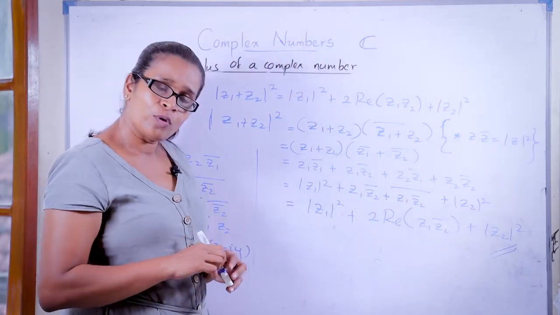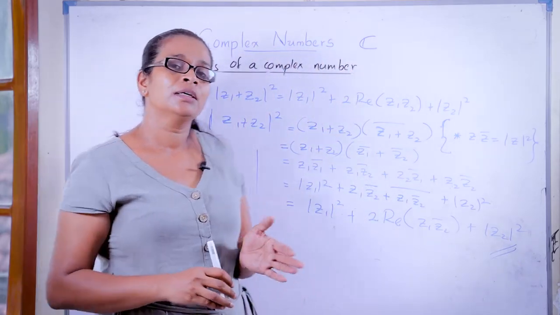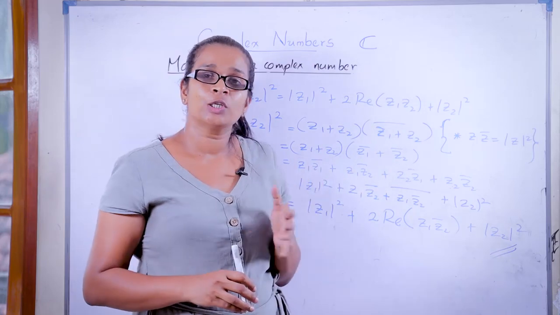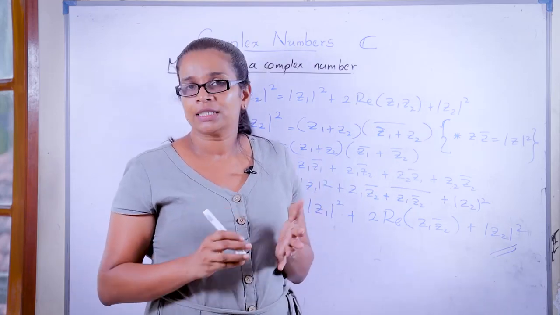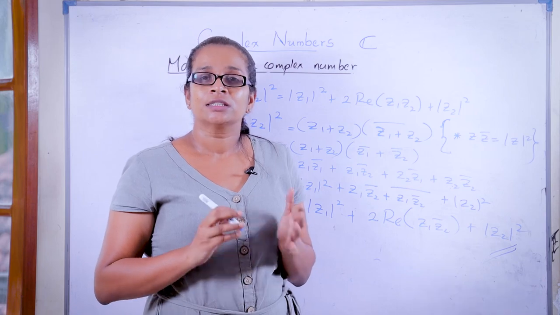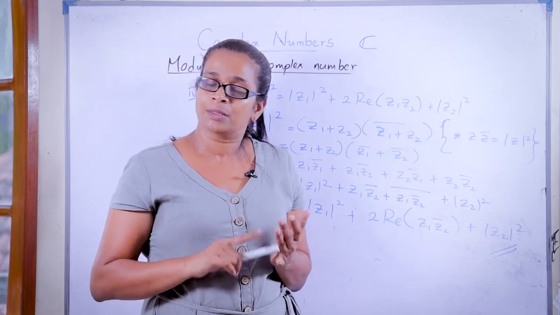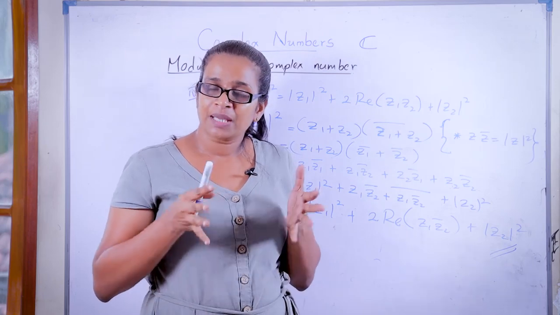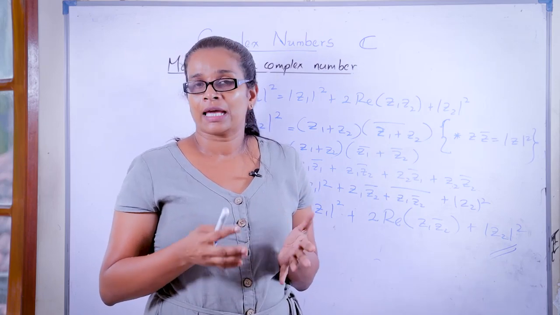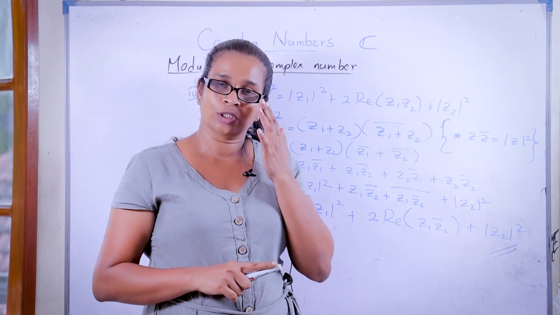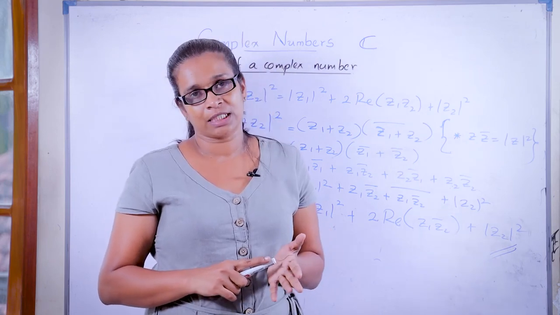Okay, there are a few more theories related to this one, but those are not the ones you have to be concerned with under the combined mathematics syllabus. So today I explained what a complex number is, what the basic theory behind it is, and what the conjugate is, and also the absolute value of a complex number.